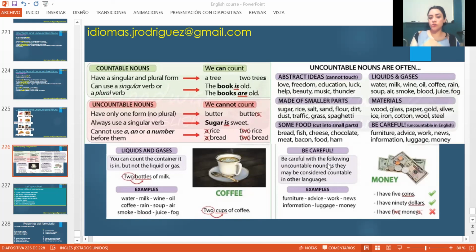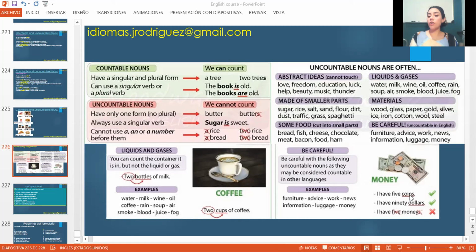Now, be careful with the following uncountable nouns, as they may be considered countable in other languages. Tenga cuidado con los siguientes sustantivos incontables, ya que pueden ser considerados contables en otros lenguajes y podemos llegar a confundirnos. Por ejemplo, furniture, advice, work, news, information, luggage, money.